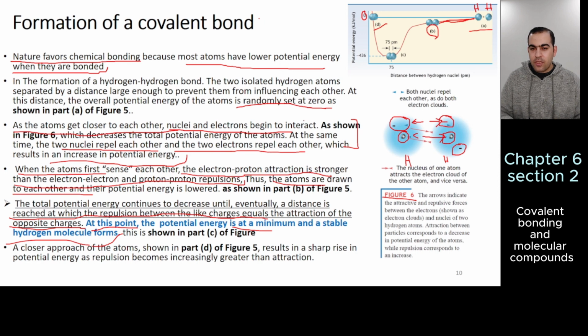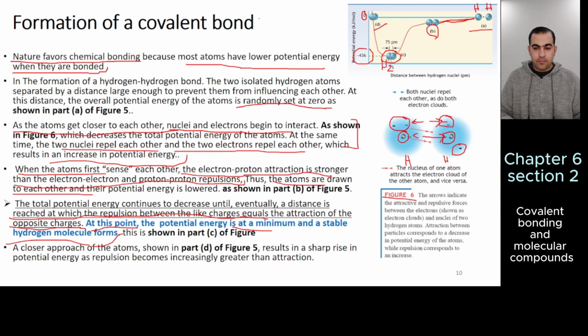The hydrogens share their electrons at this time, when the attraction and repulsion are balanced and they have minimum potential energy, which is negative 436.